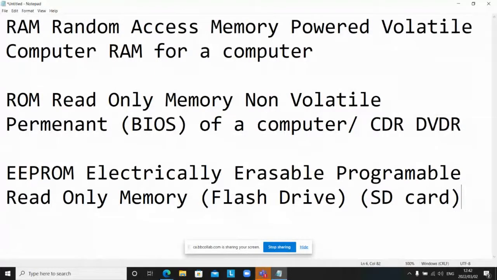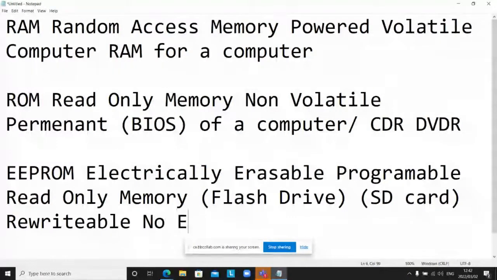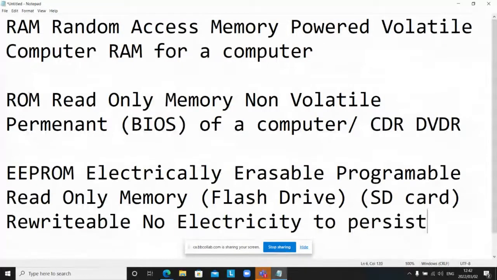So that is rewritable. And it does not need electricity to persist, to stay there.